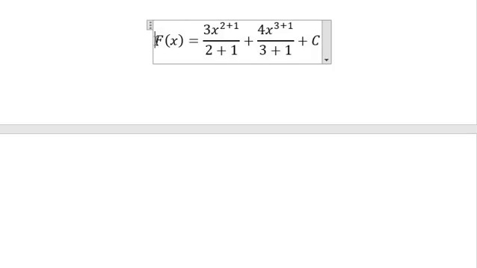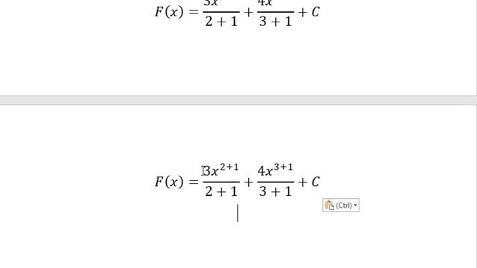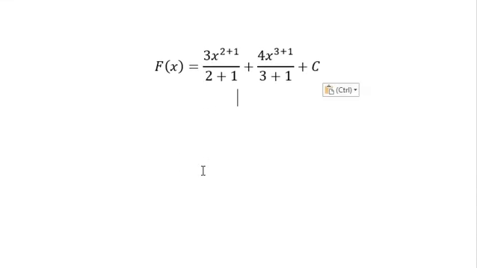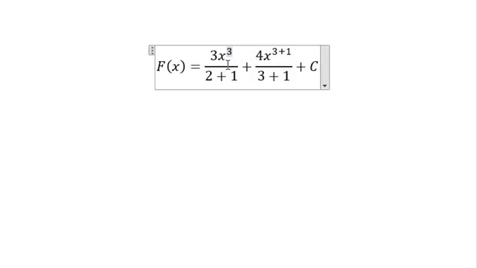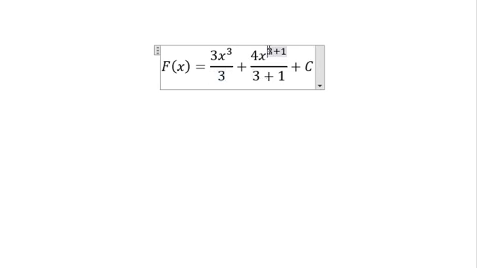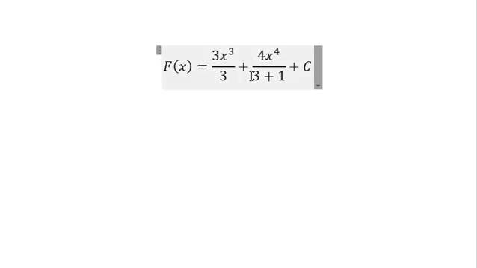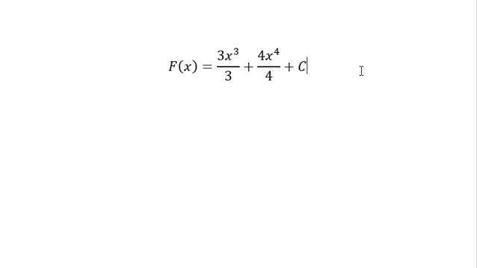Now let's simplify this. We have f of x equals 3x to the power of 2 plus 1 divided by 2 plus 1, plus 4x to the power of 3 plus 1 divided by 3 plus 1, plus c. We know that 2 plus 1 is 3, so it will be x cubed, divided by 3. 3 plus 1 is 4, and 3 plus 1 is 4 as well. We keep c as it is.